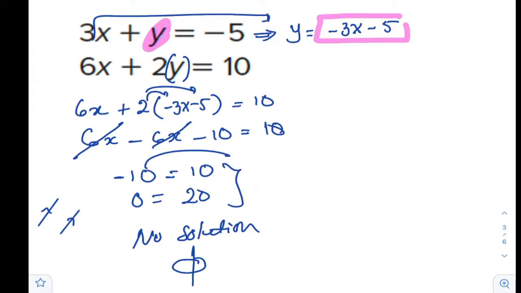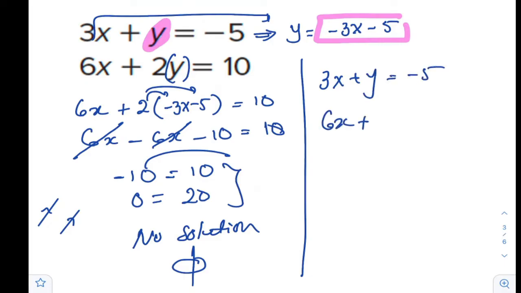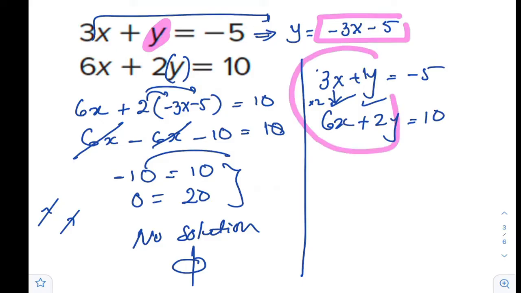Can I know that without solving? Yes, I can. Let's copy the equations here and see if we can find a relation. As you see here, if you compare equation 1 to equation 2, you can reach equation 2 by multiplying by 2. 3 times 2 is 6. 1y by 2 is 2y, so this is right, this is right. So in the left-hand side, we have exactly multiples.